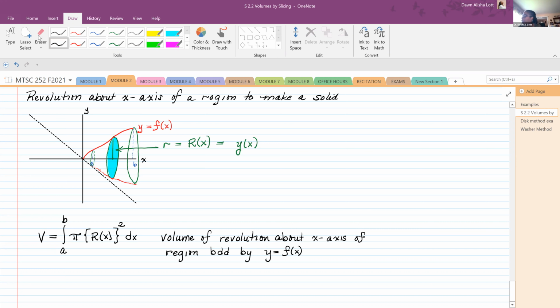So I'm going to write y is equal to r of x, on the interval a, b.